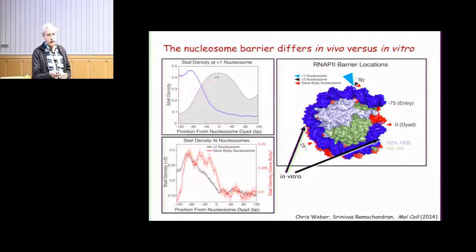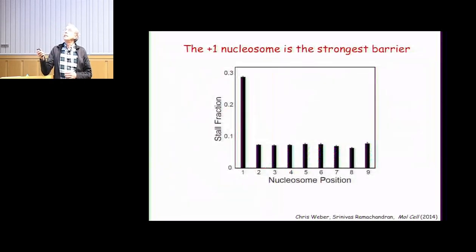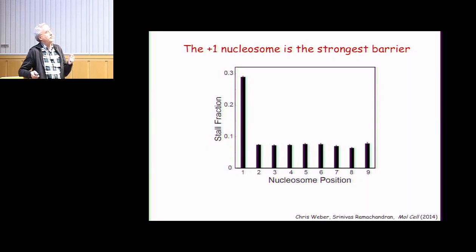And what might that be? We first look at the magnitude of the stall, and we see the +1 nucleosome shows the biggest stall. The other stalls are remarkably uniform, but much lower. Now, we realize that the +1 nucleosome is special in a number of ways, and from our perspective, the most interesting difference is that the +1 nucleosome is really loaded with that histone variant that I mentioned at the very beginning called H2A.Z.